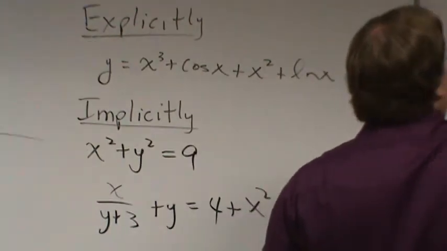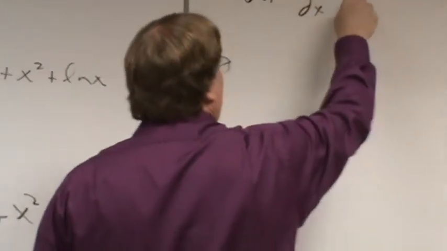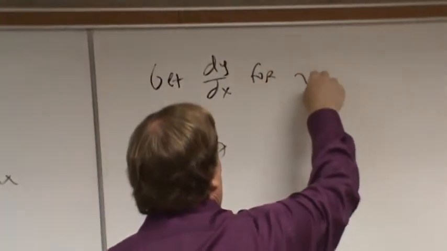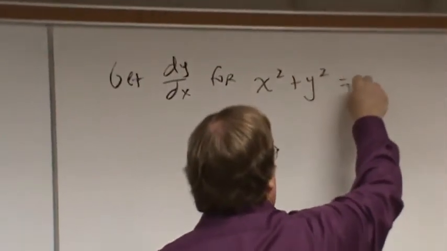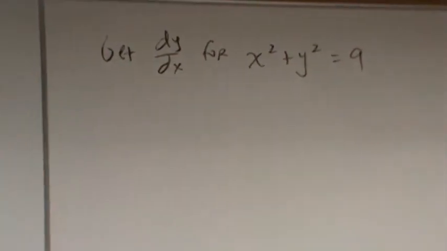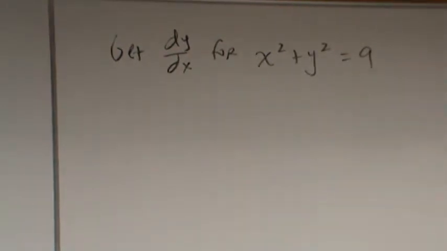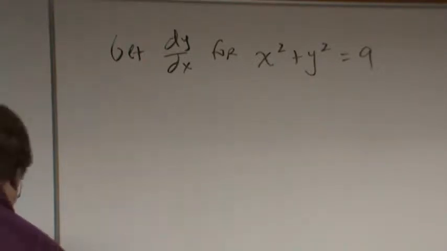Get dy dx for x squared plus y squared equals 9. Let's go ahead and do something incredibly simple, then we'll get harder and harder. In order to get the derivative, I'm going to take the derivative of both sides of this equation.